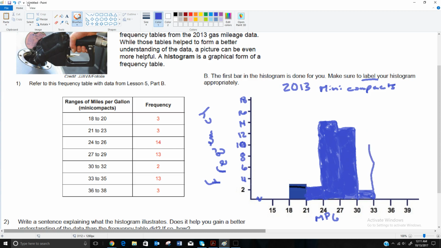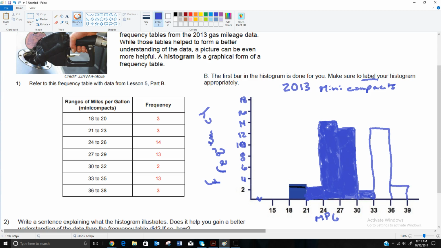Ooh, that got crazy. Okay, so there we go. And then our last one is at 3. I'll put that in first. So here's our last bar.